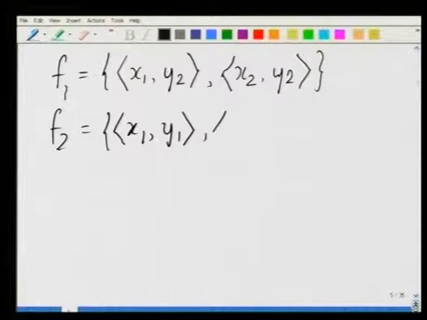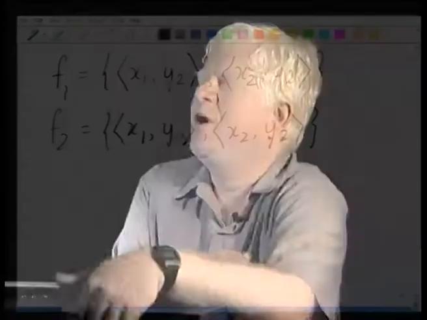The second pair x1 has been dealt with, now it is x2, let us say y2. This is another possible function. Clearly, the set f2 is different from the set f1. What we would normally say in everyday mathematical language is f1 and f2 are different functions from the set X to the set Y.